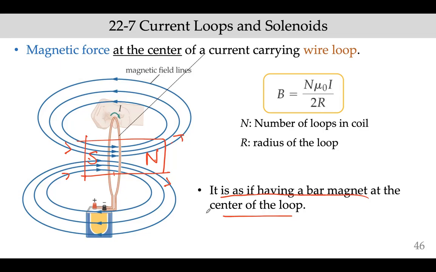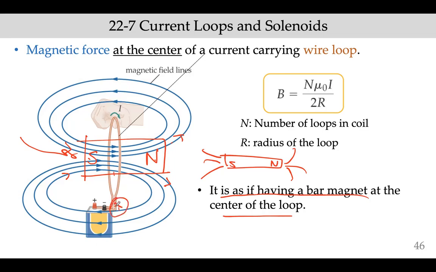So this is good because if you have a bar magnet, you cannot turn it on and off, right? It creates magnetic field lines. There's no way to turn it on and off. But the good thing about the loop that's connected to the battery is that you can connect a switch here.